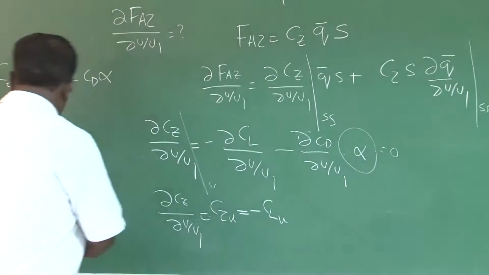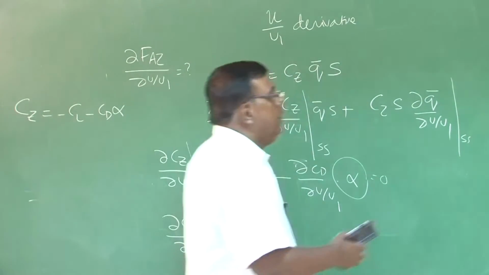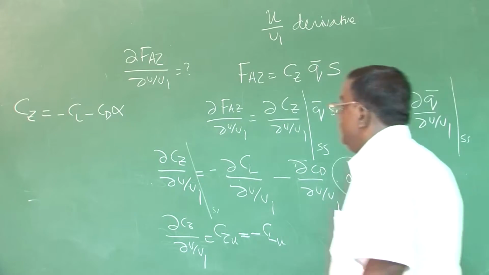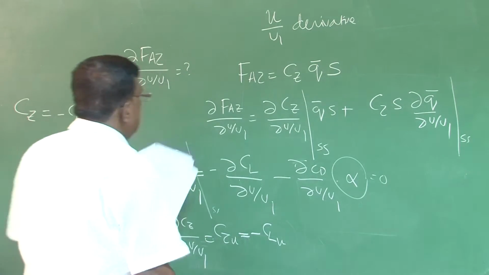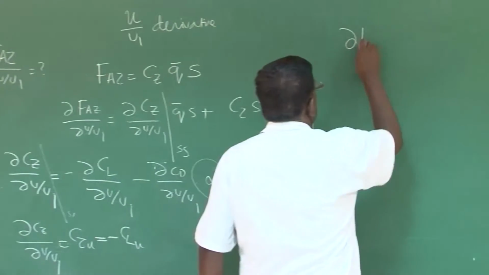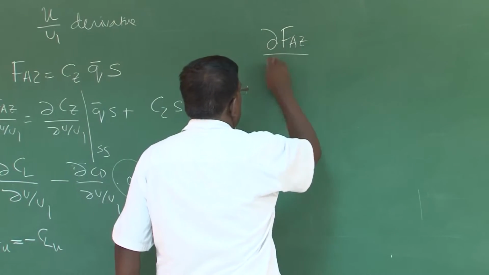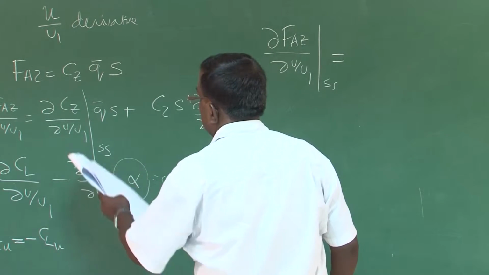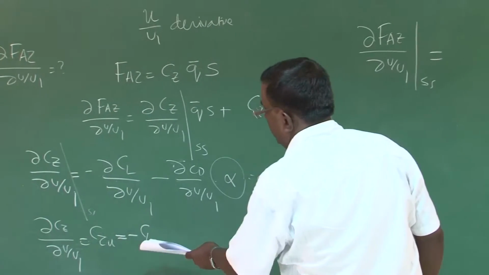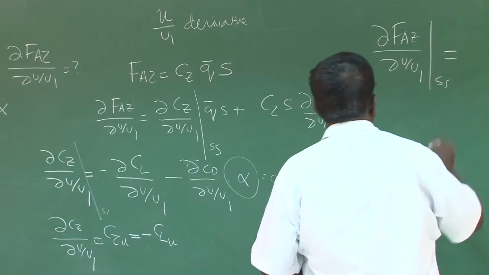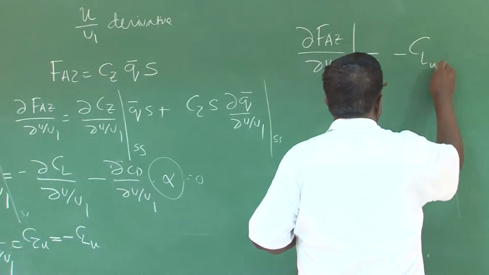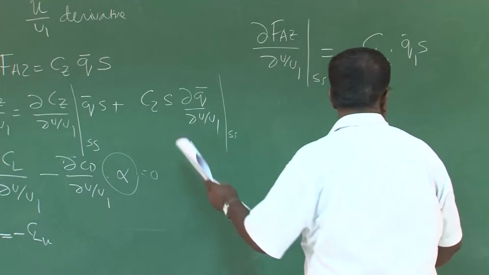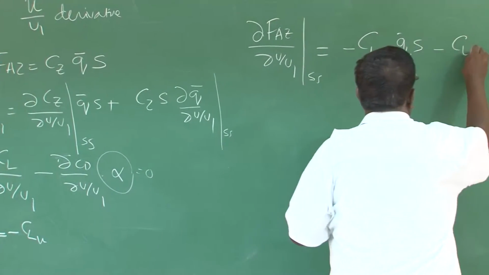So if I want to derive the expression for dFaz by du by u1 at steady state, I get dCz by du by u1, which we have seen, minus Clu into Q1 bar s, right? Plus for Cz, we put minus Cl1.